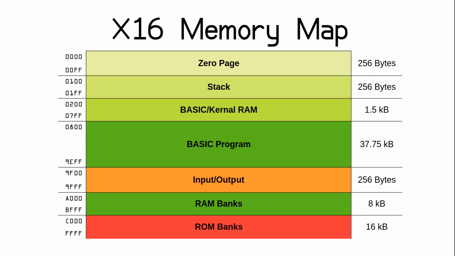A general program is going to have a header that says load me at hex 0801, and then it will have a syscall in that to start running at hex 080D. And that's where the actual machine language will start, and it will go ahead and run that.